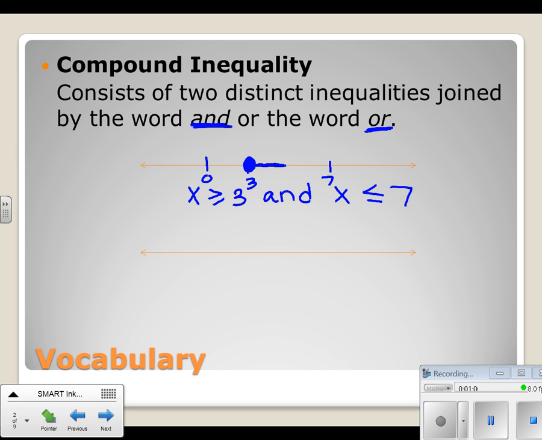But then it says x is less than or equal to 7, so we would have a closed circle at 7, and it would be shaded to the left of that because less than that would be to the left. So this is the type of inequality when it's "and."